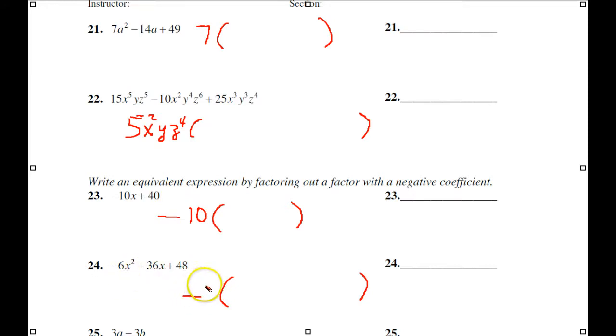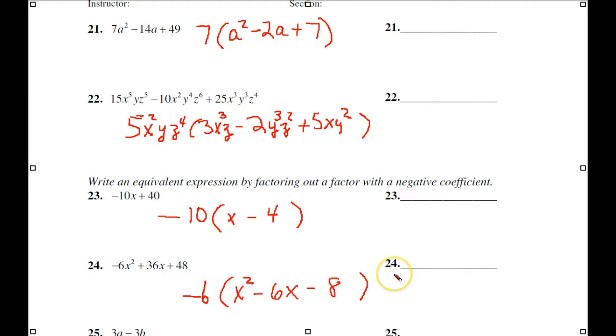So it would be a negative 6. And I guess that's as far as we can go. There's no letter that's common. Okay, so let's complete this. You can check your answers. And notice you can distribute to see if in fact you get what you started with.